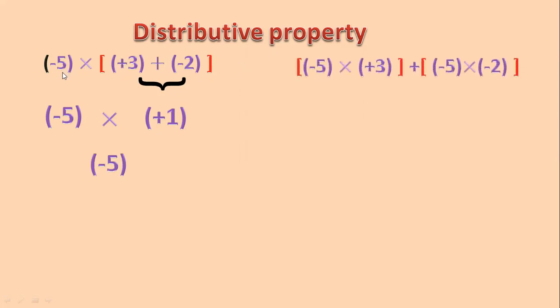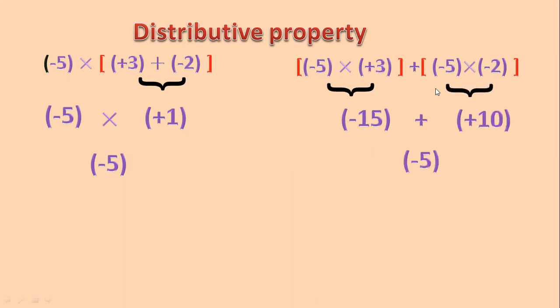Like this. See here properly. Minus 5 into plus 3, right here. Minus 5 into plus 3 plus minus 5 into minus 2. This can be done in another way like this. Minus 5 into plus 3, that is minus 15, plus minus 5 into minus 2, plus 10.